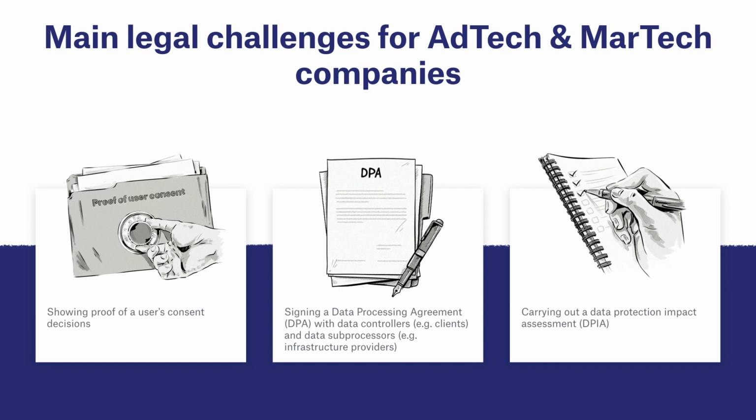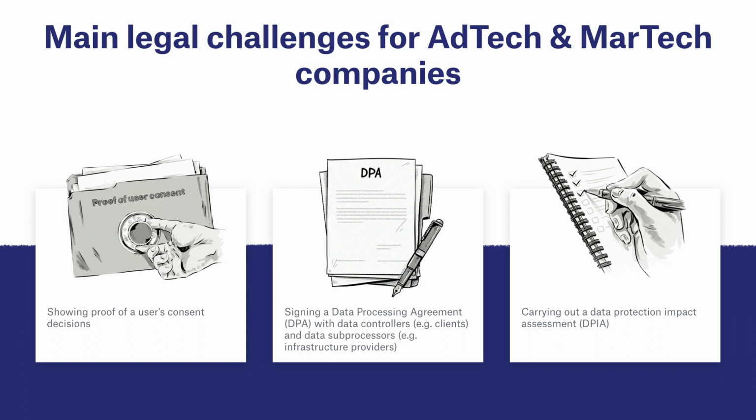AdTech and MarTech companies also have to sign a data processing agreement, or DPA, with data controllers as well as with data sub-processors. So if you host your technology on AWS or in Azure or in some other hosting provider, then those companies are classified as sub-processors. And because you keep your data on their infrastructure, you need to make sure that it's protected at all times.